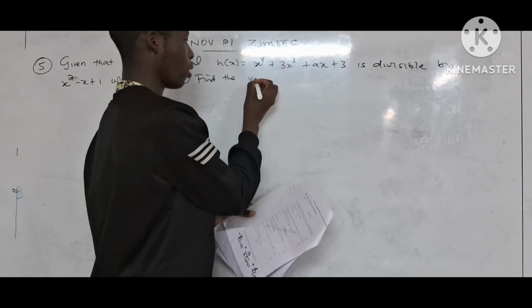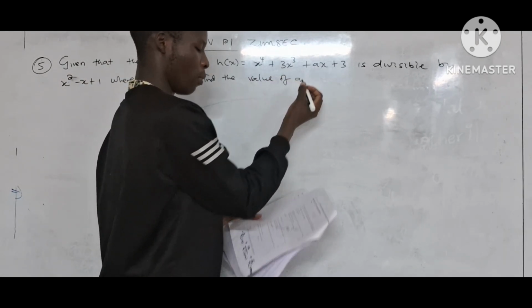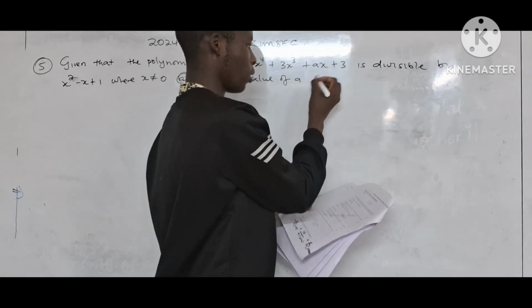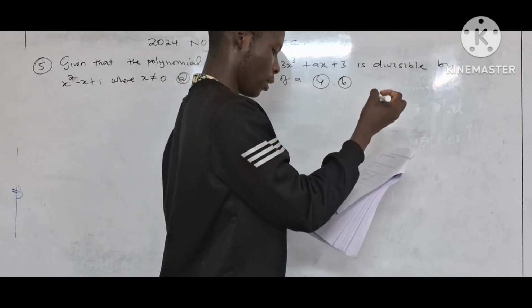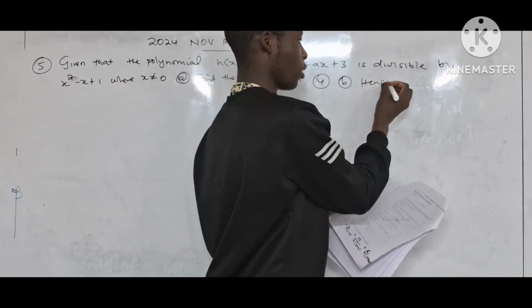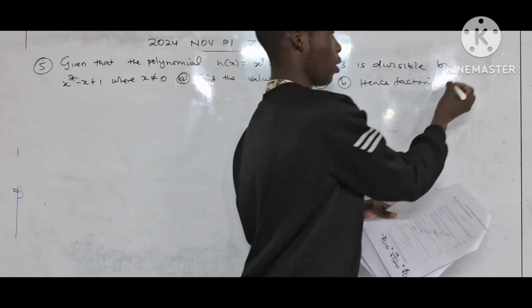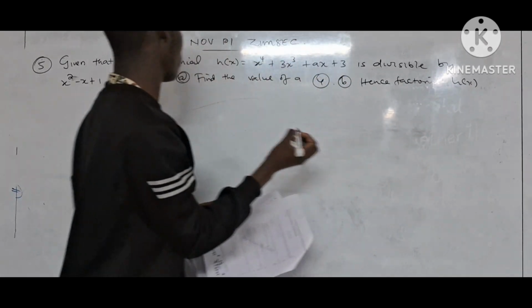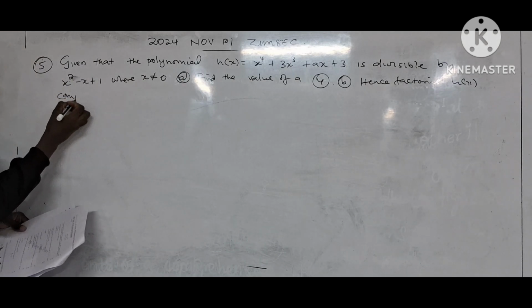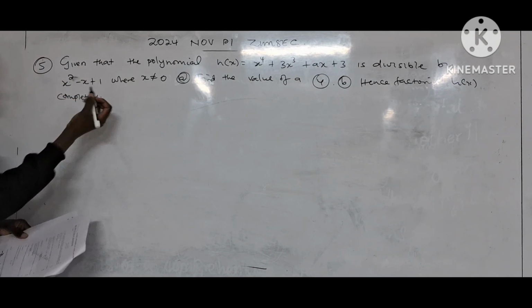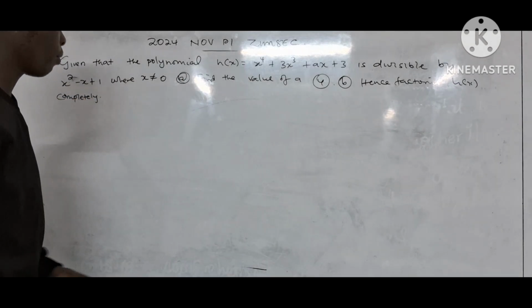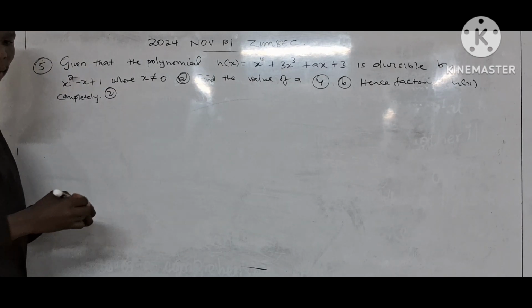A: Find the value of a. This is 4 marks. B: Hence, factorize f of x completely.